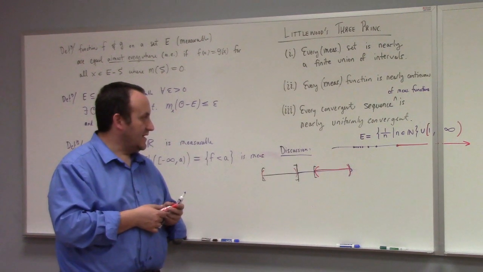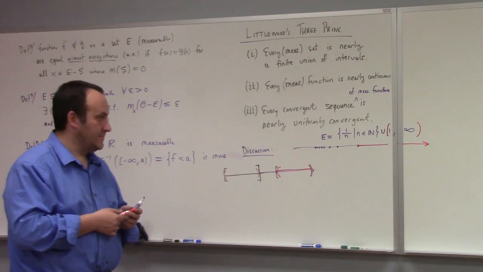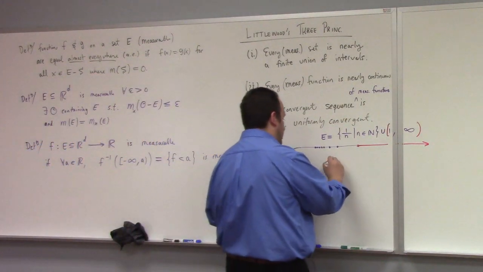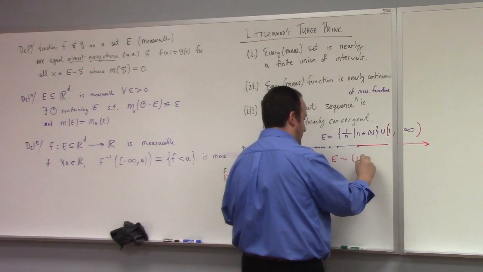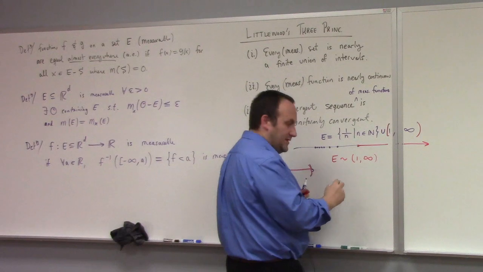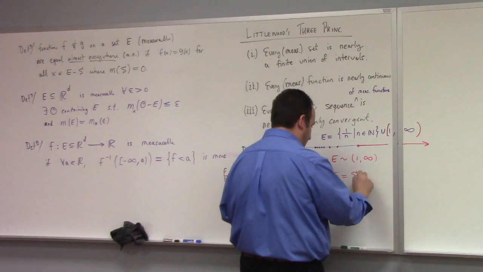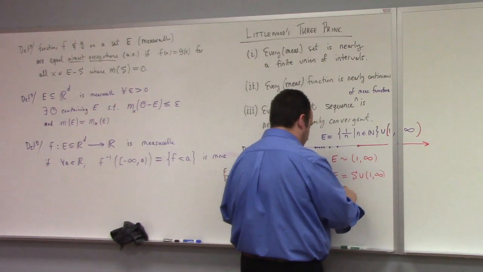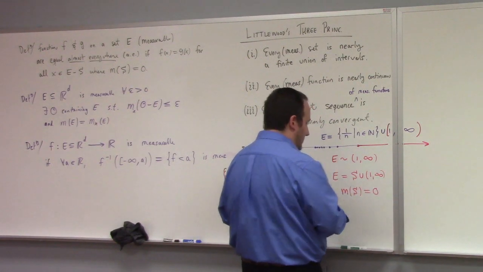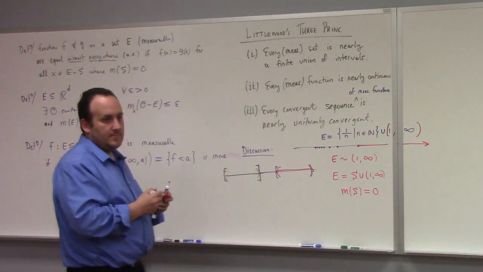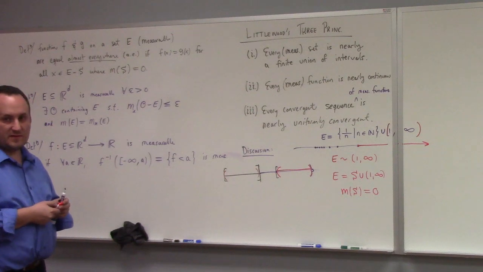But you could take the open interval from 1 to infinity, right? E is almost just 1 to infinity. I mean, E is equal to S union 1 to infinity, where the measure of S is 0, right? It's nearly a finite union of intervals.